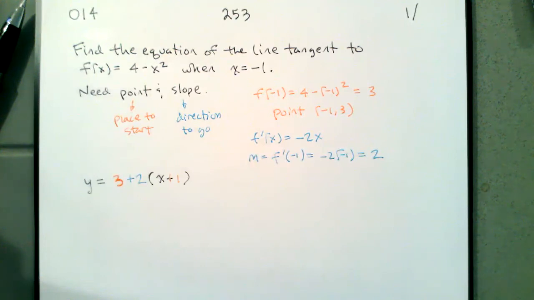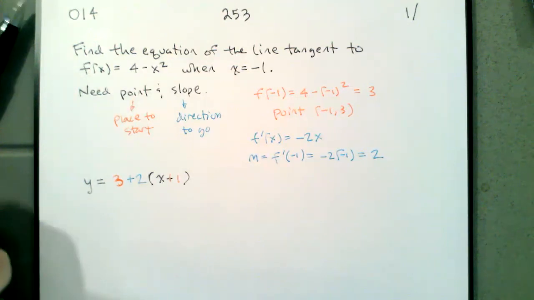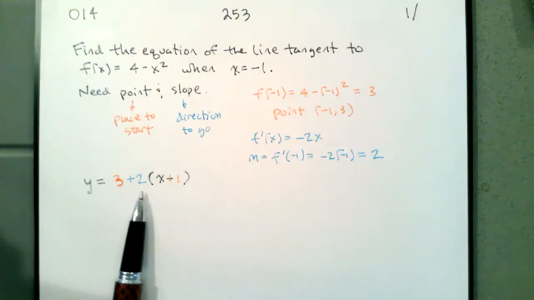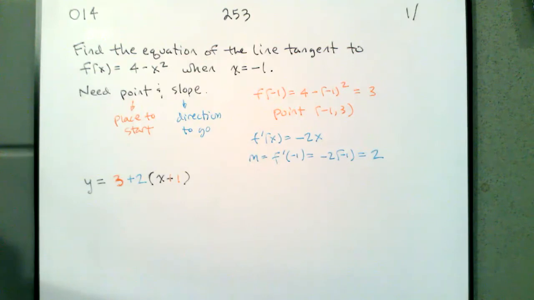So this is the way that I like to think of lines. This is how I'm writing the line, but this is the way we like to think of the lines. We're starting off at 3 when x is -1, and we add 2 a bunch of times. That's what lines do. We start off with a number, and then we add the slope a bunch of times. Start with b, add m a bunch of times.